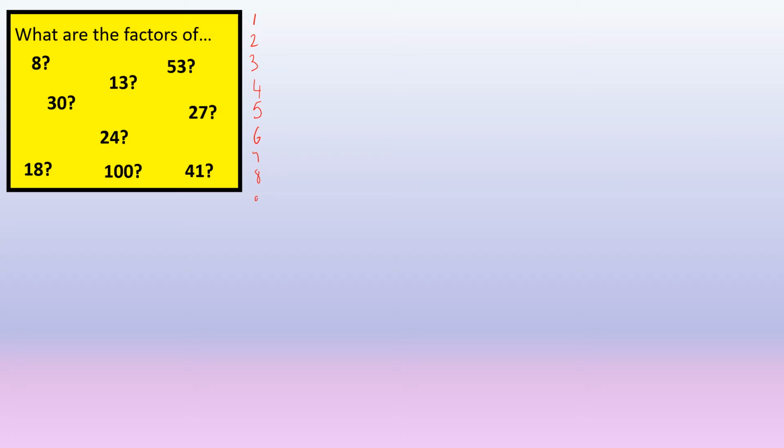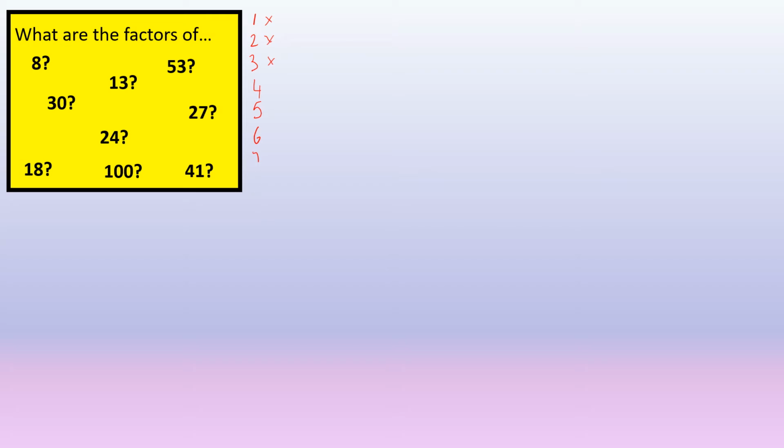You don't have to go as far as 10. Then figure out what you have to times by to get your answer. And if you can't do a whole number, then cross it off your list. So we'll start off with 8.